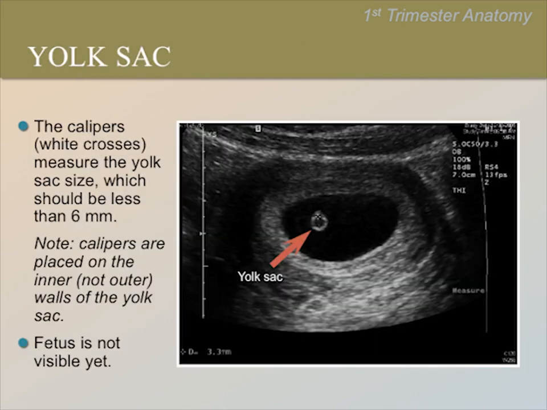Here you can see a gestational sac with a yolk sac. The fetus is not visible yet because this is a very early pregnancy. The yolk sac should be less than 6 millimeters in a normal pregnancy.